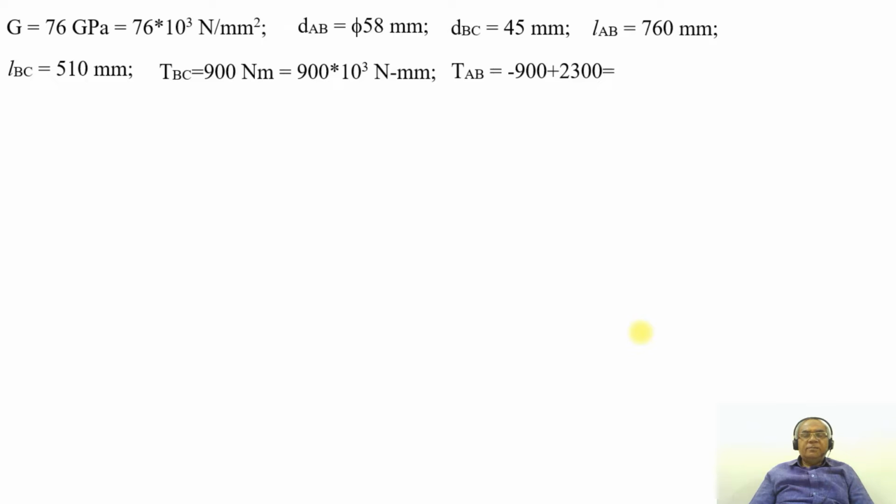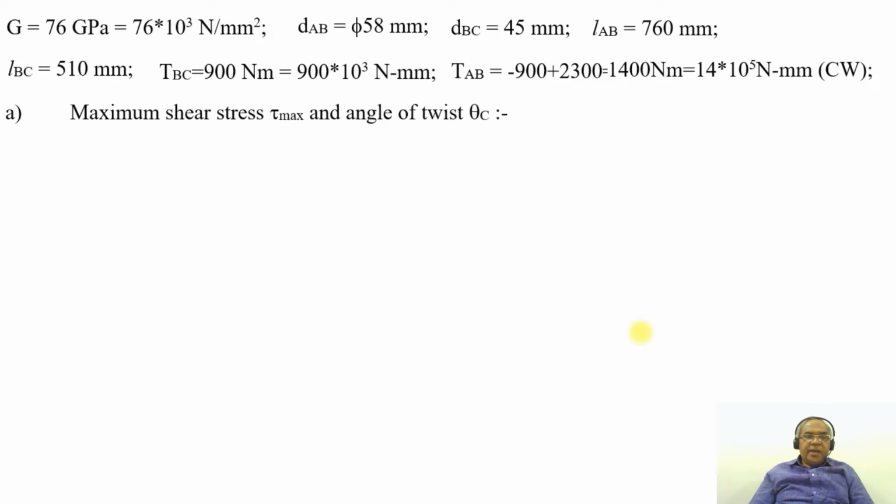And the torque on AB will be equal to minus 900 plus 2300, which is 1400 Newton meter, or 14 into 10 to the power of 5 Newton mm in clockwise direction. So in A, we need to find the maximum shear stress tau max and the angle of twist at C.